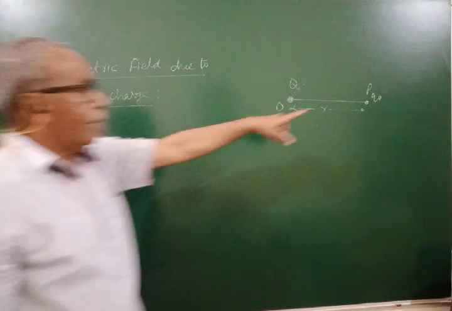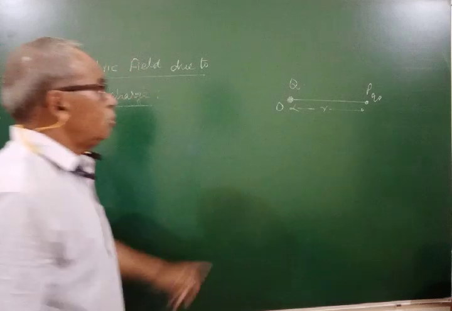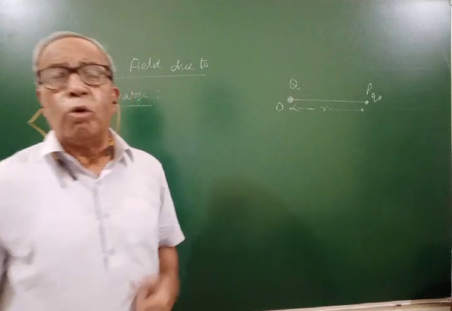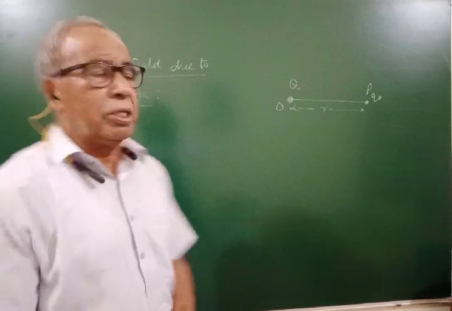So we want to find the electric intensity at P due to charge Q placed at point O. O means the origin here.